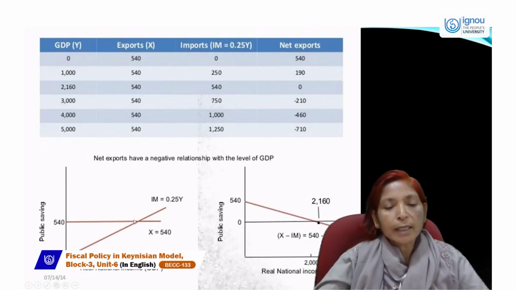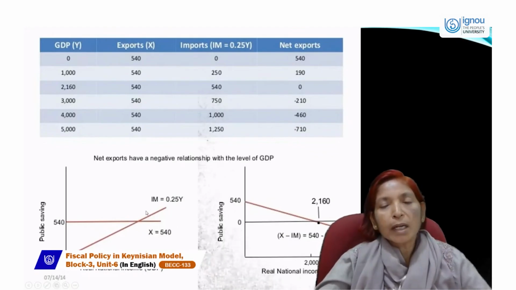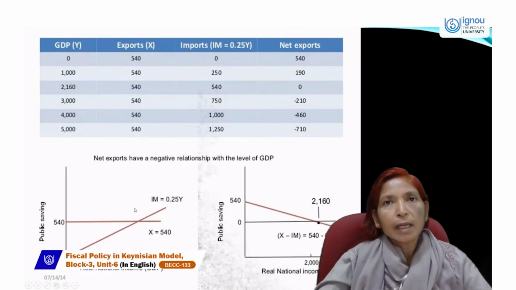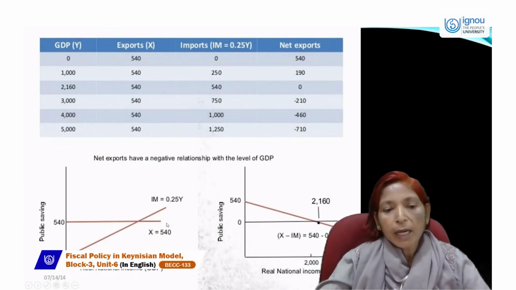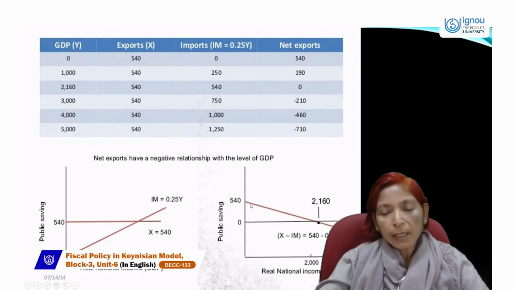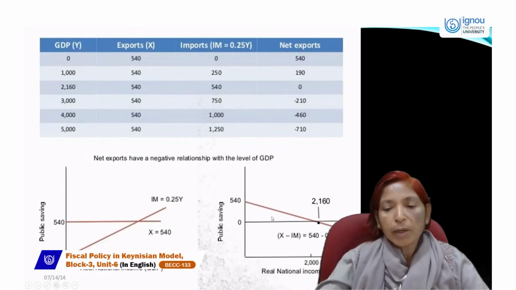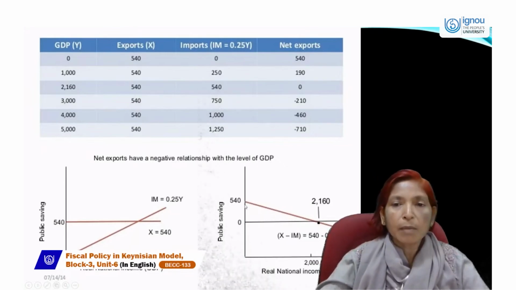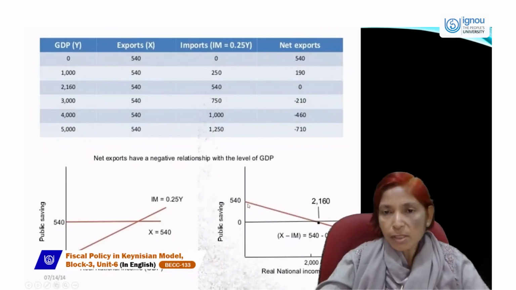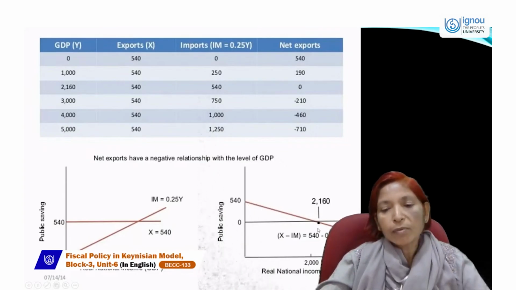Where both curves intersect each other, export and import values are equal. At this point, net exports will be 0. And the net export line is always a downward sloping curve, and it may touch the x-axis and may become negative, because net exports in the beginning are always falling, then net exports will be 0.